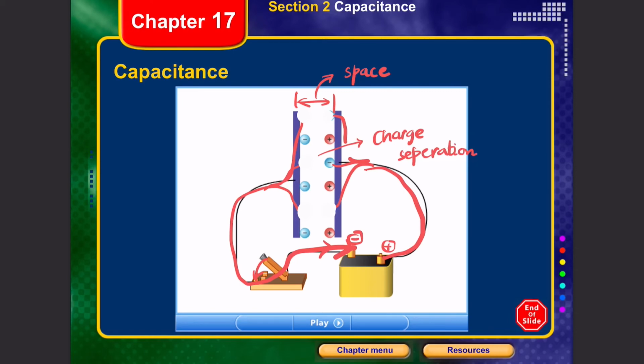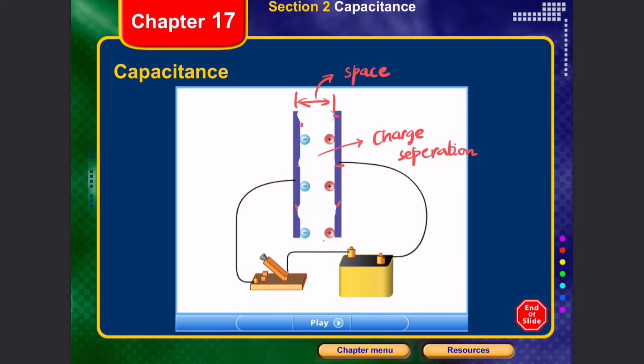Once charge separation occurs and it reaches a point where every charge that is left on one side has gone towards the other side, what you do is remove the potential from the battery. We are basically going to cut this cord. Once you cut this cord, everything that is already present there will stay as it is.